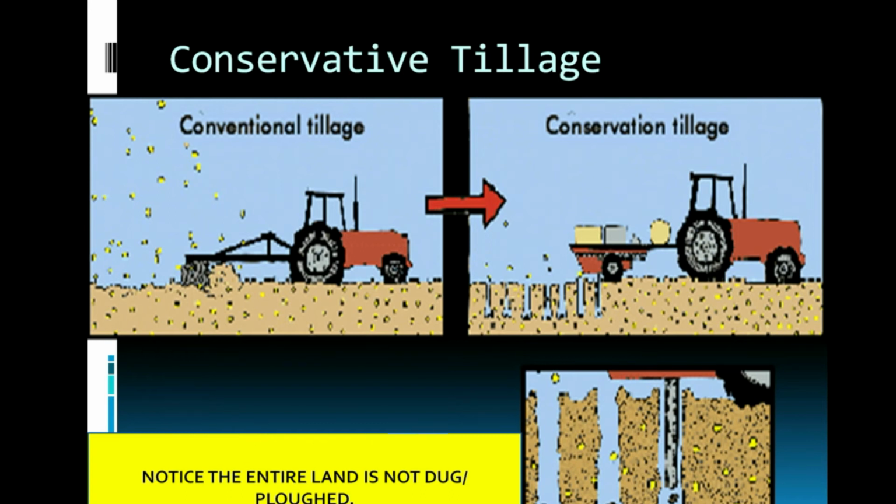And this is important, primarily because the entire landmass is not disturbed when we refer to conservation tillage. We are technically ensuring that consolidated rock structures are not basically broken apart, even below the subsurface regions.